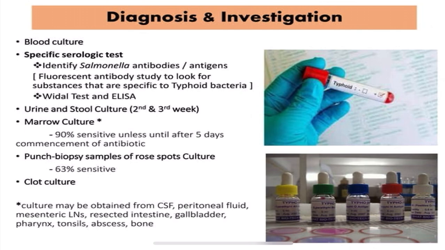The Vidal test uses a suspension of killed Salmonella typhi bacteria to detect whether antibodies against the bacteria are present in the serum. The other serological tests are the enzyme linked immunosorbent assay and rapid diagnostic tests like Typhidot. They can also be used for serological diagnosis of typhoid fever.